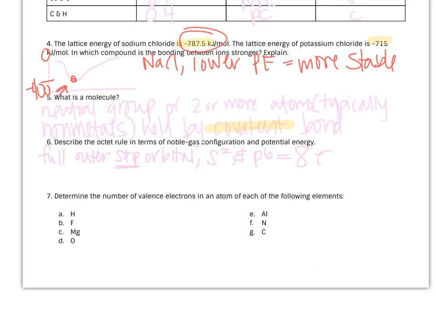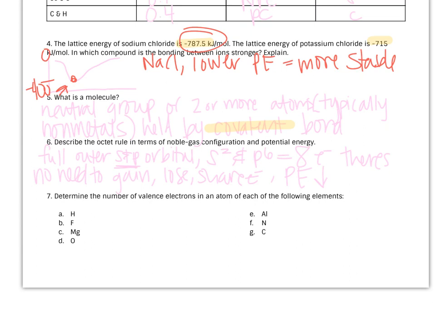And so in noble gases, there's no need to gain, lose, or share electrons. And if that's the case, is their potential energy going to be low or high? If they do not need to gain electrons and they're very stable, they have a very low potential energy, because as we know, group 18 is not going to go out and form bonds. They're extremely unreactive.